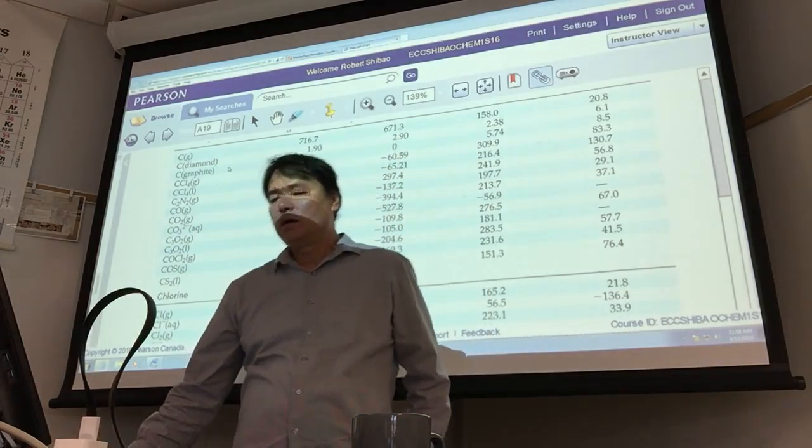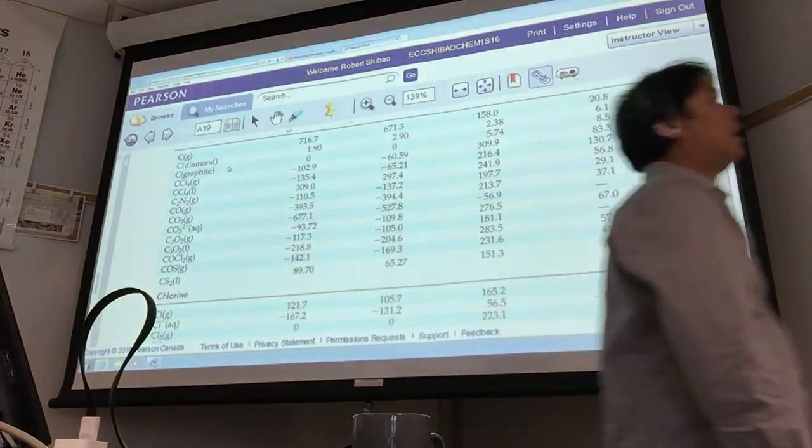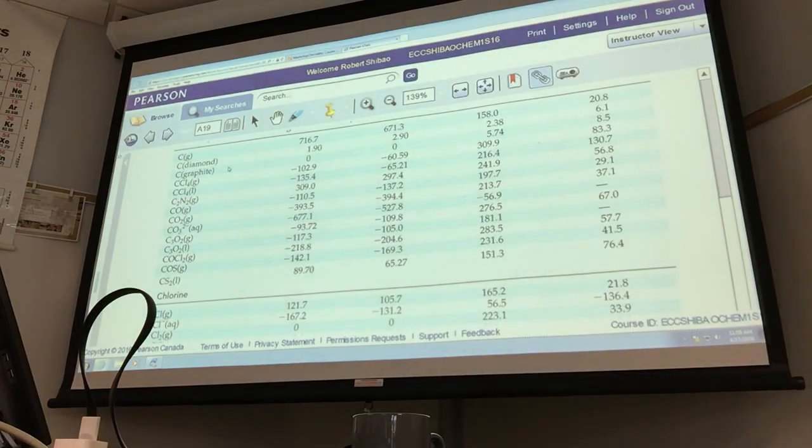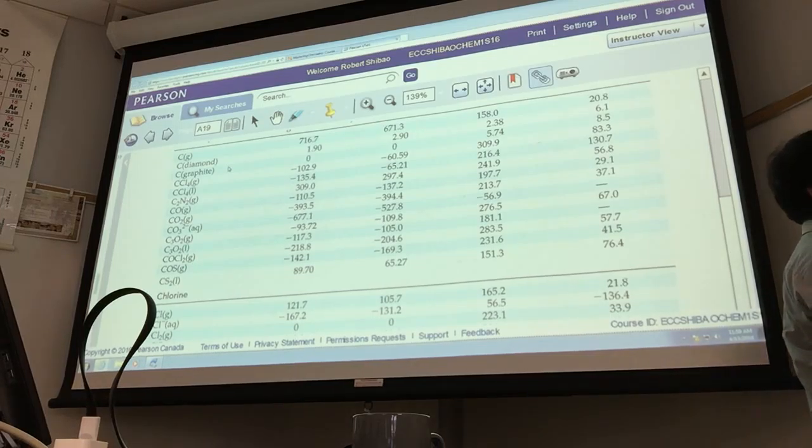Well, this one's easy. What's the entropy of H+? 0. And the units are joules per mole Kelvin. And then I have 1 mole of that, and so it'll just be 1 times 0, which is 0. What about the entropy of H2?